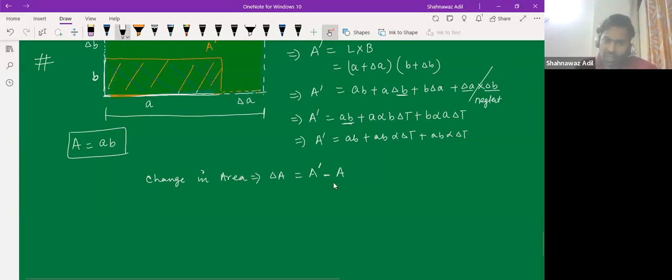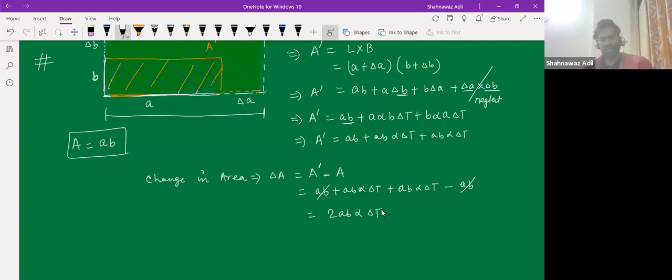A prime is AB plus AB alpha delta T plus AB alpha delta T, minus A, which is AB. So this part cancels out, and we have 2 AB alpha delta T.